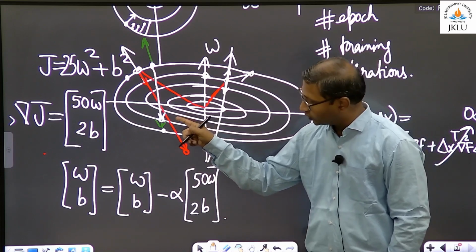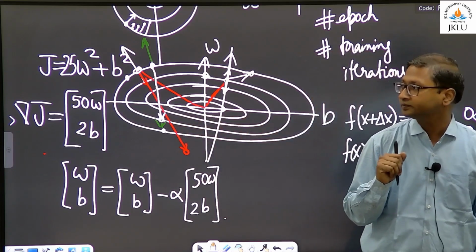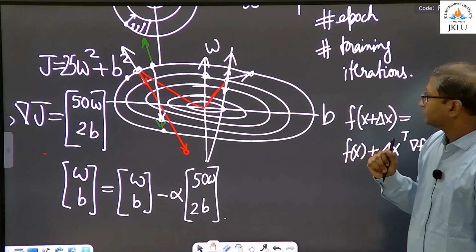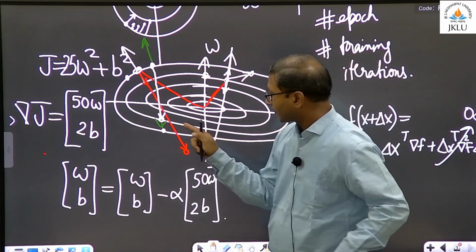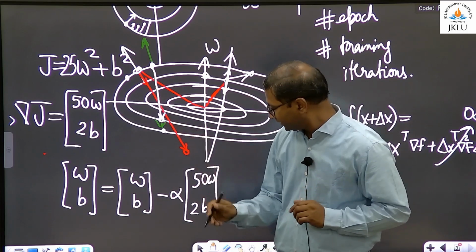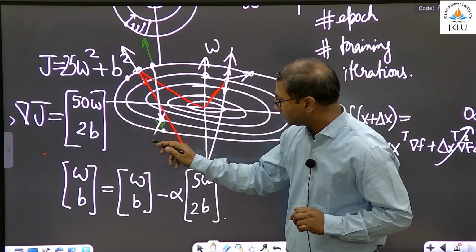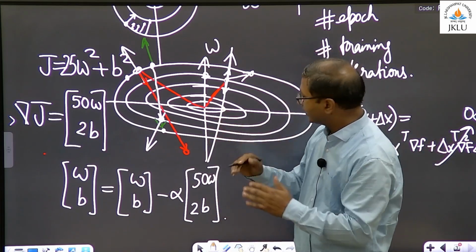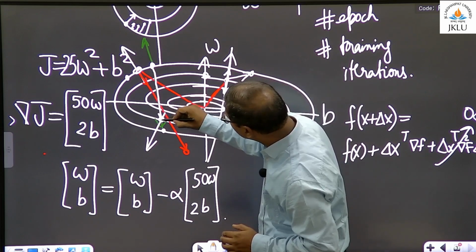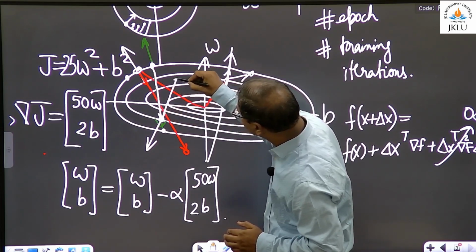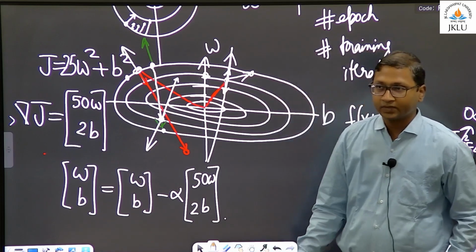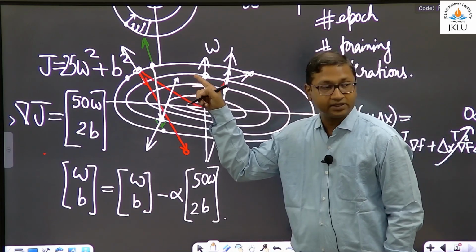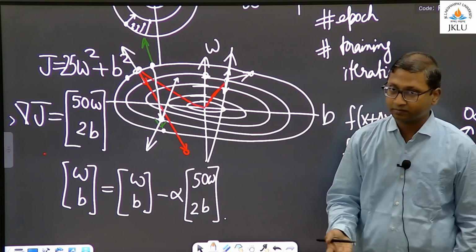Tell me, where will I go from here? So here, what is gradient? This one. Negative of gradient will be exactly opposite of this. So I go from here to, let's say, somewhere here. Does there exist a concentric circle there too? It does. Okay.